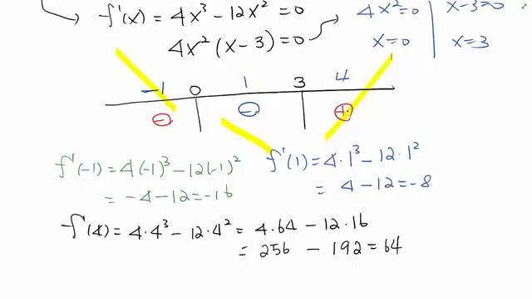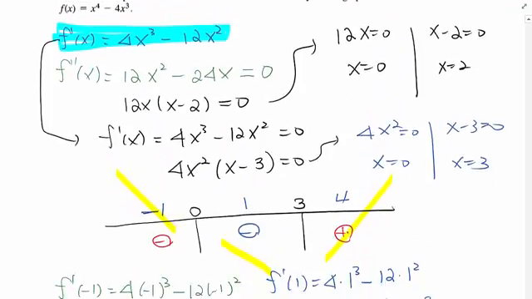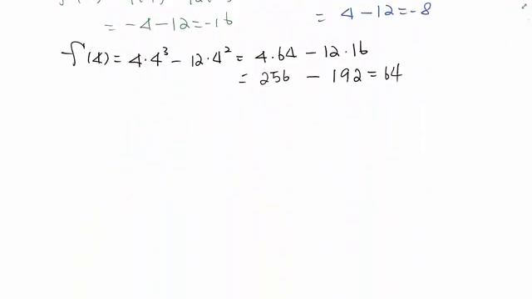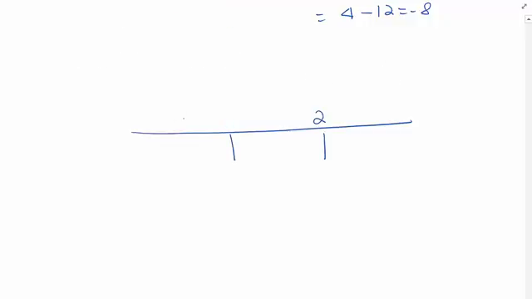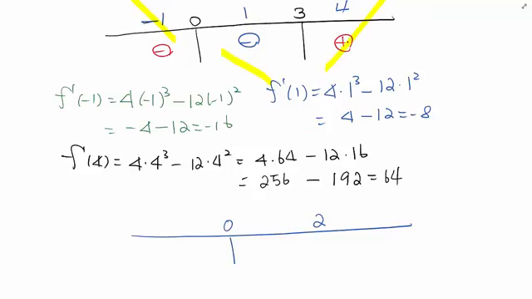Okay, then I'm gonna draw another table for the concavity. Concavity is 0 and 2 here, right? So I'm gonna write here 0 and 2. We can choose also testing values, let's say negative 1, maybe 1 and 3 here.